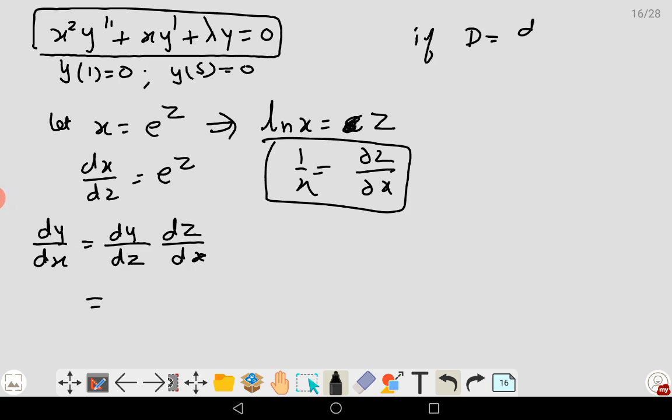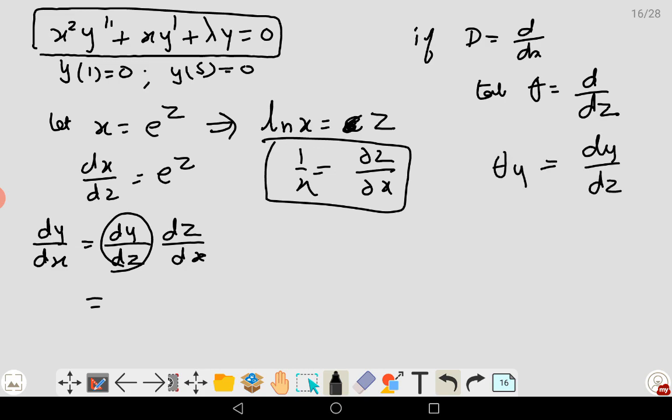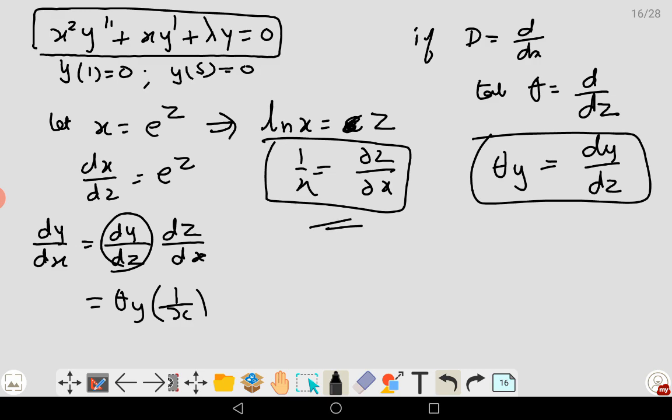We can use this here. If D is d by dx, we can take theta as d by dz. Therefore dy by dz is theta y, and this is the 1 over x found here.